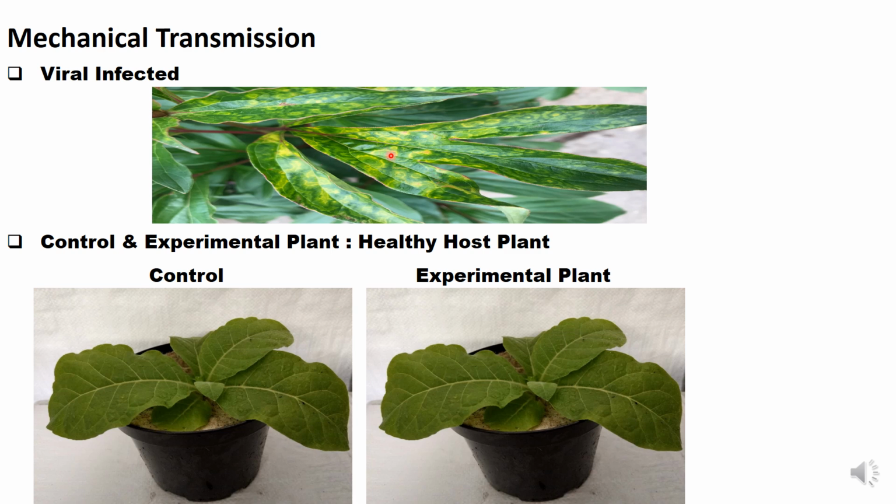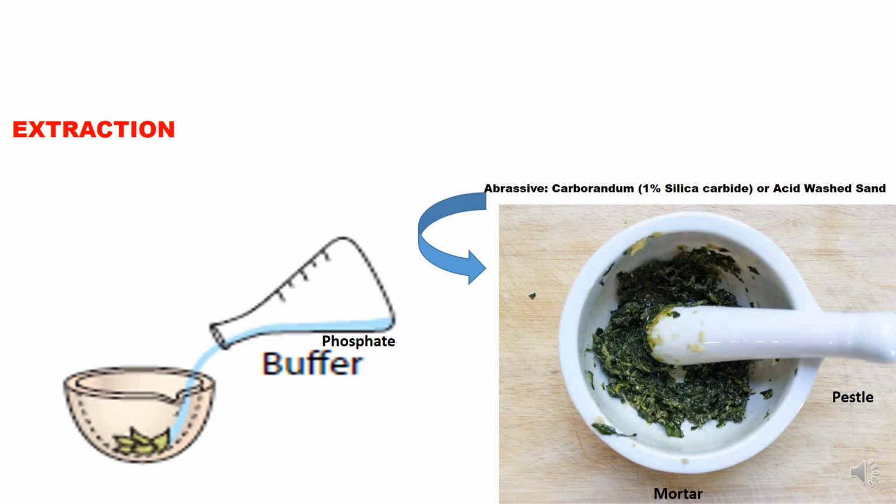An infected plant leaf or infected plant tissue, and the control as well as the experimental plant, are needed to perform the mechanical transmission. Plant viruses can be easily extracted by crushing the host tissue or leaf with the help of a pestle and mortar.